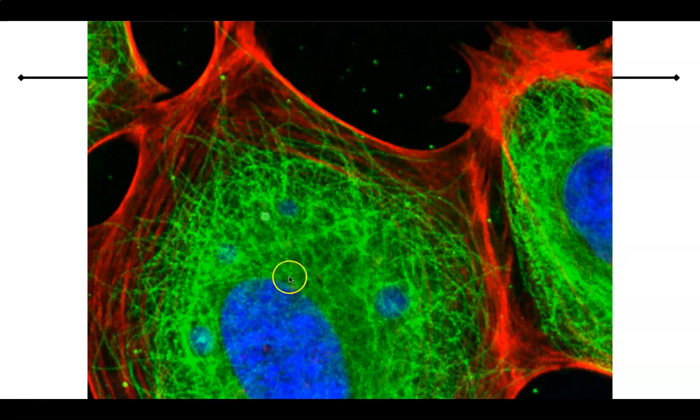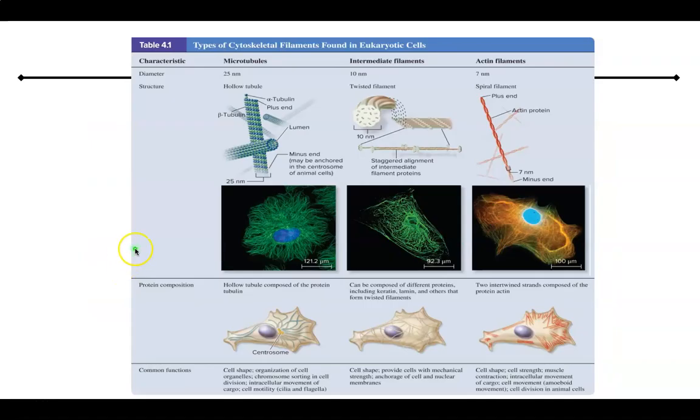Again, this is just showing the picture. You have some things that are going to be close to the nucleus, which is blue, and then you have some aspects of the cytoskeleton that are going to be on the outside. This is also an image from your book showing the cytoskeletal parts from largest, 25 nanometers, to medium to smallest with actin. So again, this is going to help you.